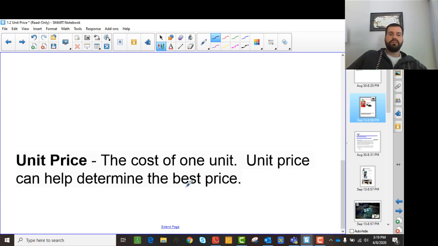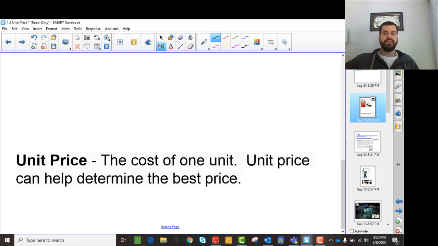So the idea behind unit price is trying to get this down to a single unit, a single value, so that I know what each single item costs, either each pen, each candy bar, each egg, each bottle of pop, each whatever. But things come in all sorts of sizes, and I want to know what it is per gram, even sometimes per kilogram, whatever the case.